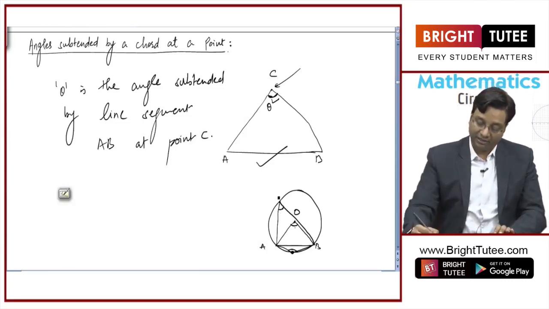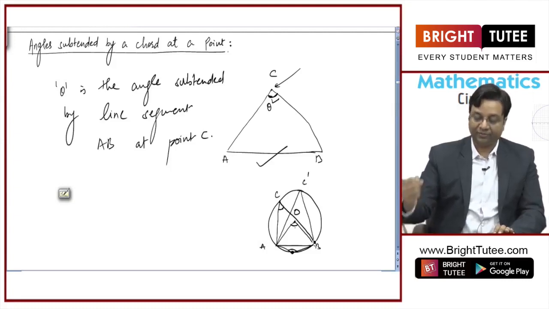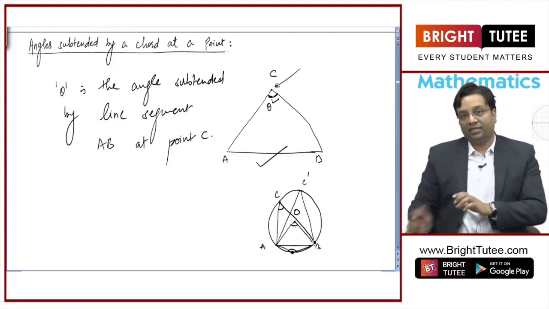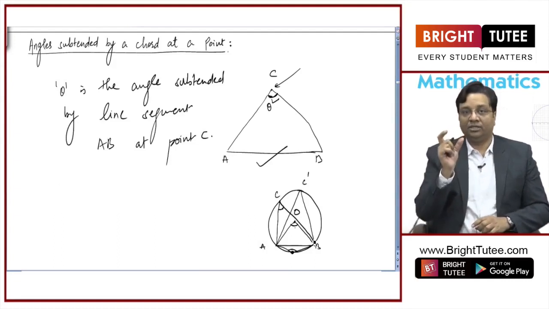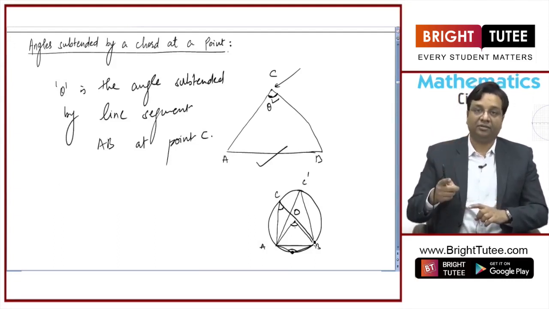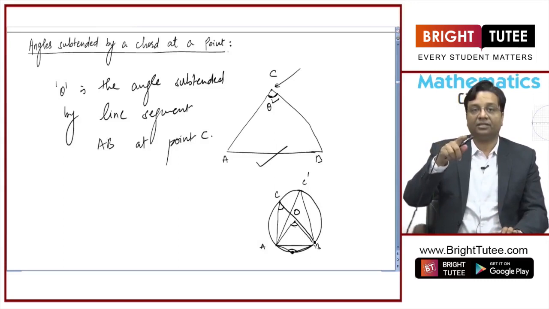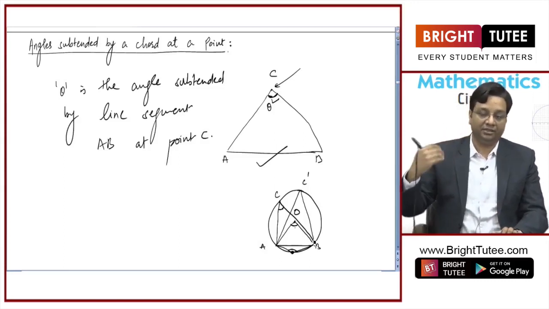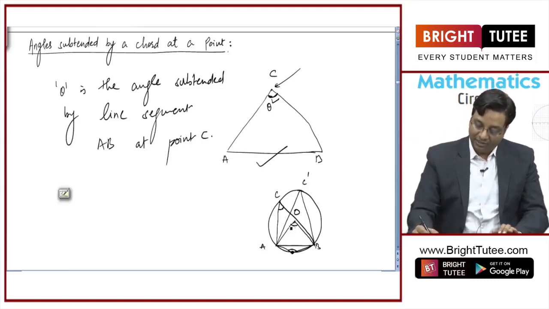This is one of the angles. Let us say this is C and I can have C dash also. So AB can subtend an angle at point C dash also. A specific chord can subtend an infinite number of angles at the circle, in the major segment and minor segment, but it will subtend only one angle at the center.